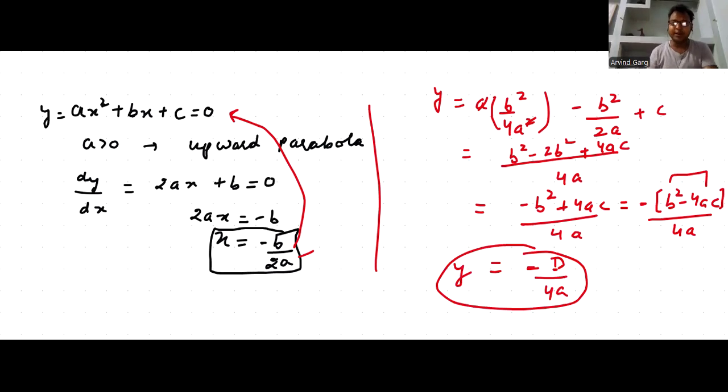Okay. So now let us understand with the practical implementation of this. Let us consider, I'm taking one example: 2x square plus 3x plus 1. This is the quadratic polynomial. First of all, as a is equal to 2, which is greater than 0, it's an upward parabola.